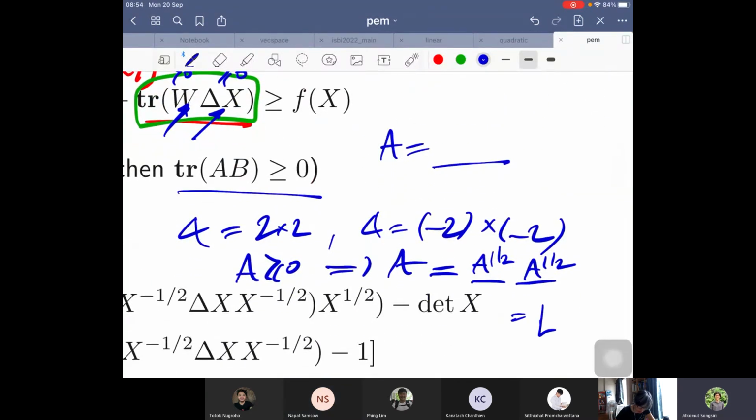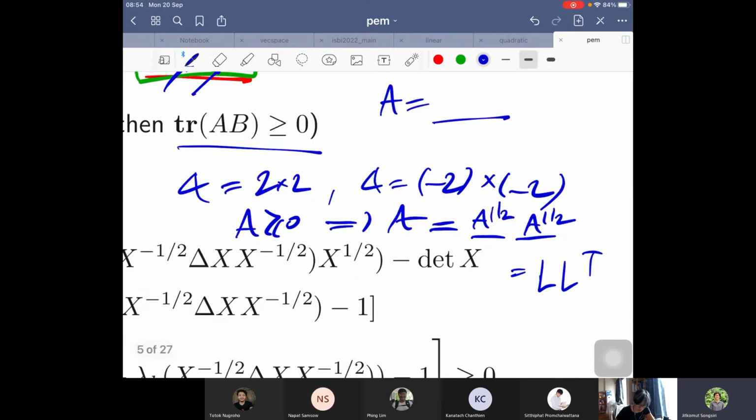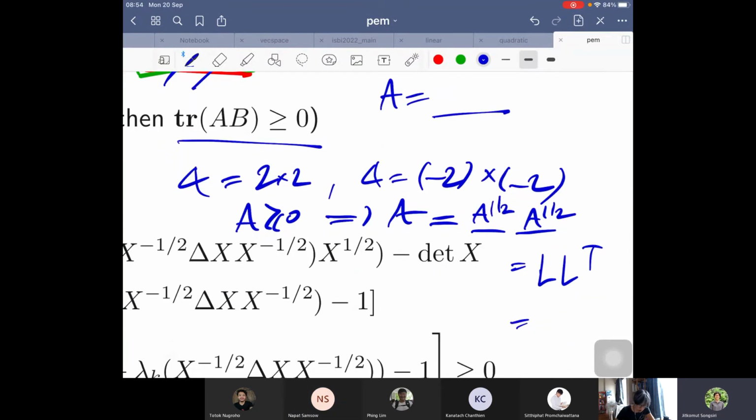It can be factored as L times L transpose. There can be many ways to factorize, but the thing is, this is a square root. This is called a factor. Some people call it a square root as well. For example, Cholesky factorization, LDL factorization.